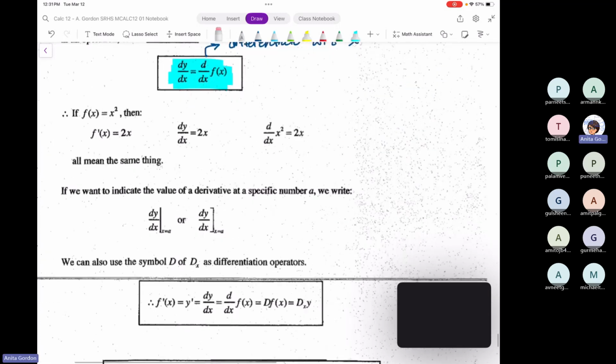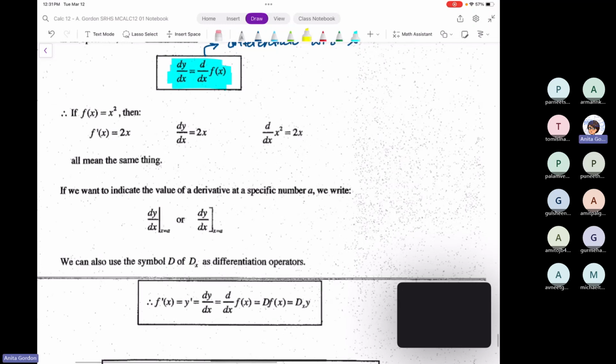Okay, so then these are the examples that we did. I think this was example 1. The f prime of x. So if f of x is x squared, f prime of x is 2x. D by dx is 2x. D by dx of x squared is still 2x. These are just different ways of saying the same thing.